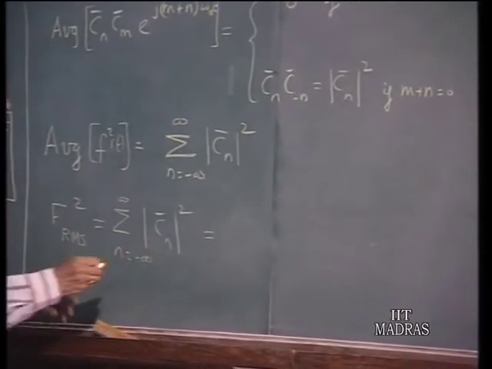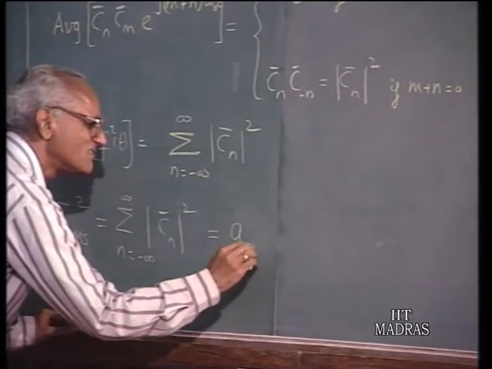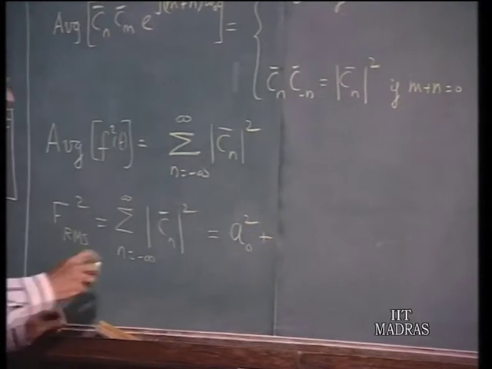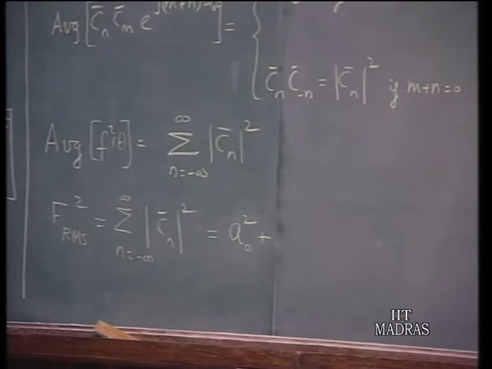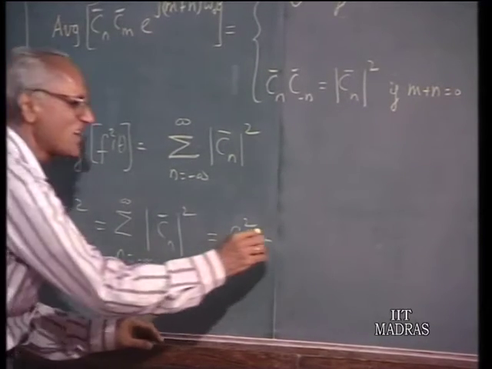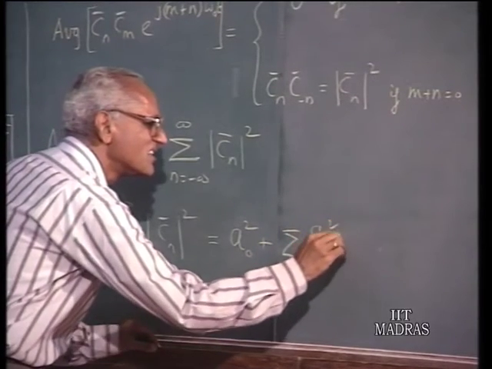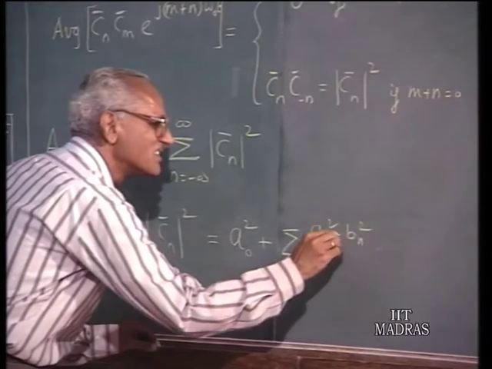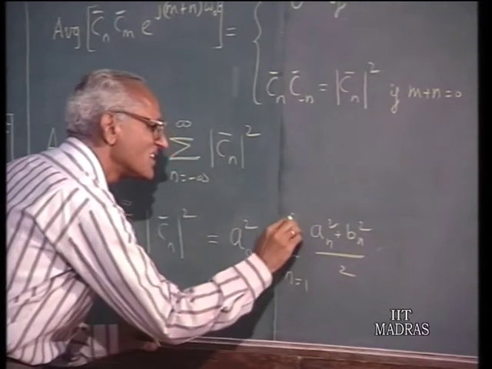So when n equals 0, Cn equals C naught, that is A naught squared, and Cn squared and C minus n squared together are both equal to each other. Therefore, this will be 2 times Cn squared, which will turn out to be An squared plus Bn squared over 2, n ranging from 1 to infinity.